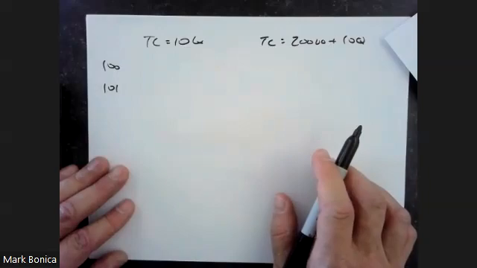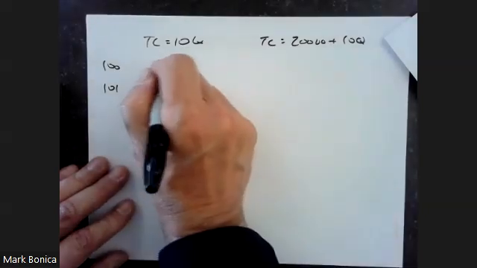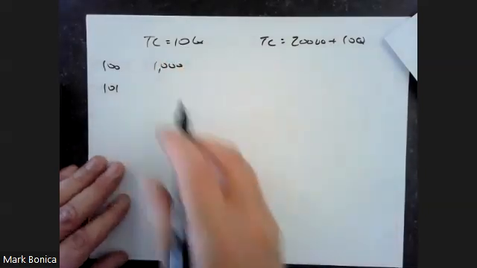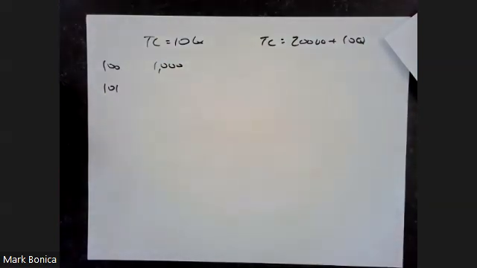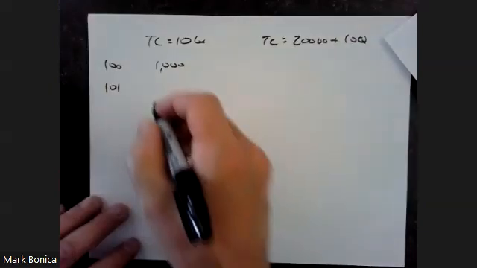10 times 100 is 1,000. And 101 times 10 is just add a 0 to the end, right? Anything times 10, you just add a 0 on. So 101 times 10, add a 0 on to 101, you get 1,010.